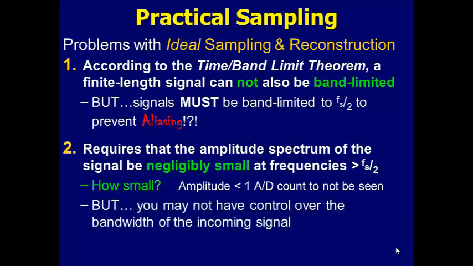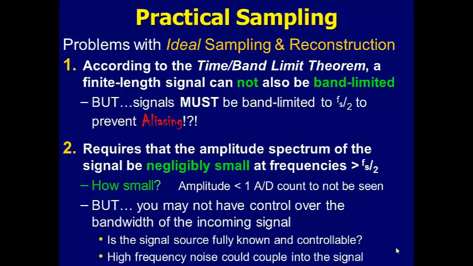And you generally don't have exact control over the incoming signal. That may be coming from a sensor that you don't know what it's going to look like, you can't control it, or even if you could, you don't know if there's going to be any noise coupled into the line, and noise inherently has a high frequency component, and that will alias. So what do we do?